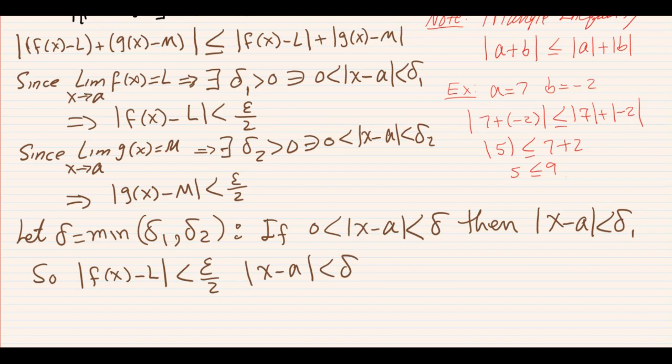And also we can say so that g of x minus m is going to be less than epsilon over 2.